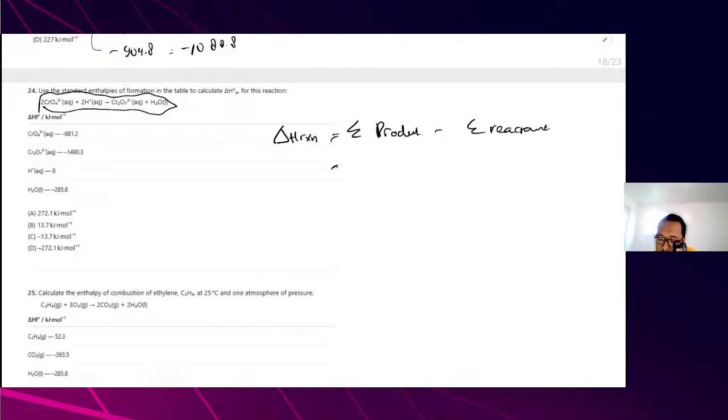Now just take a look at H2O. H2O is 1. Simply put in 1, no need to reverse sign or other stuff, plus Cr, this one also minus, and then minus again over here. How about the reactant? CrO4, but it should be times first. And H2 will be 0. So it's done.